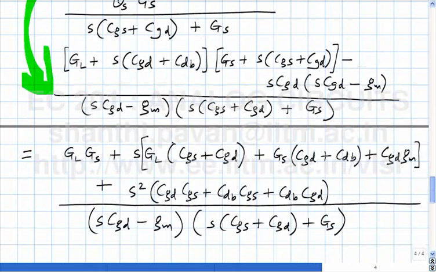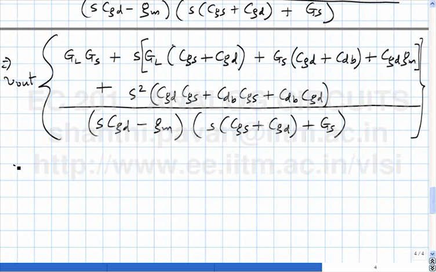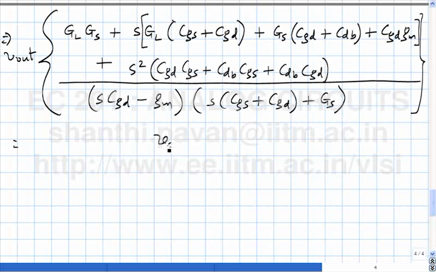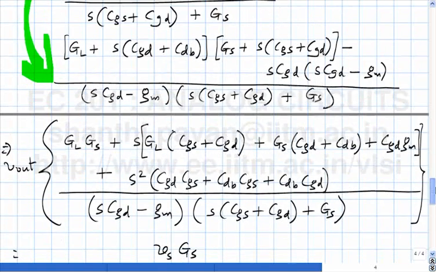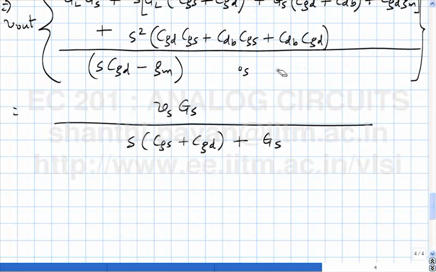This times V out must be Vs times Gs divided by S times CGS plus CGD plus GS. So let's get rid of the common factor.